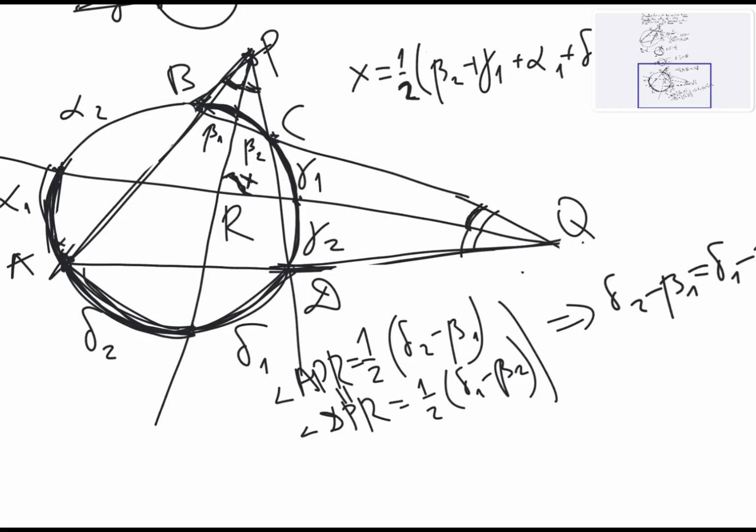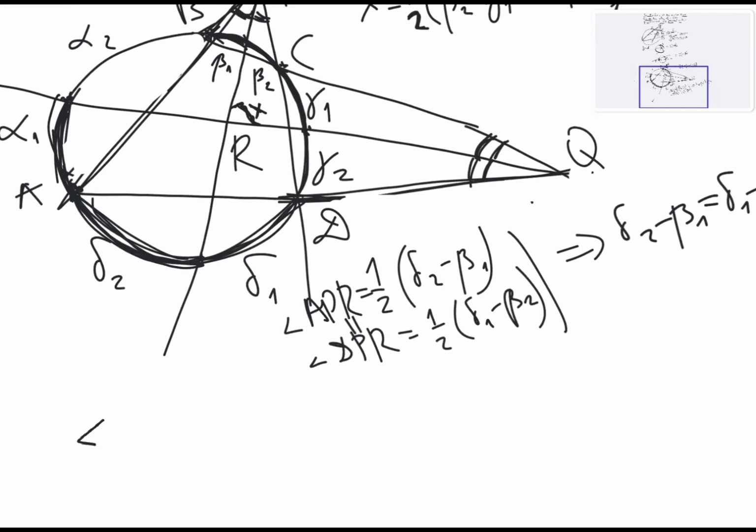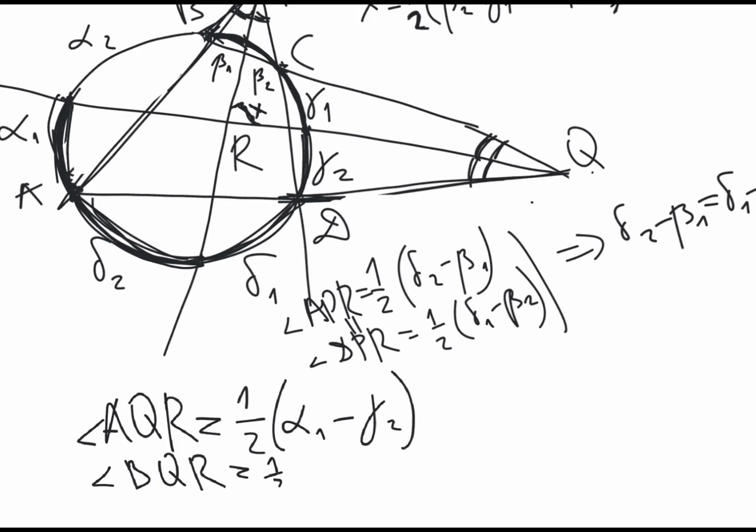And for the other bisector, that these two angles are equal, the angle AQR can be expressed as half of alpha 1 minus gamma 2, the arcs that this angle cuts in the circle, and the angle BQR is equal to 1/2 of alpha 2 minus gamma 1.